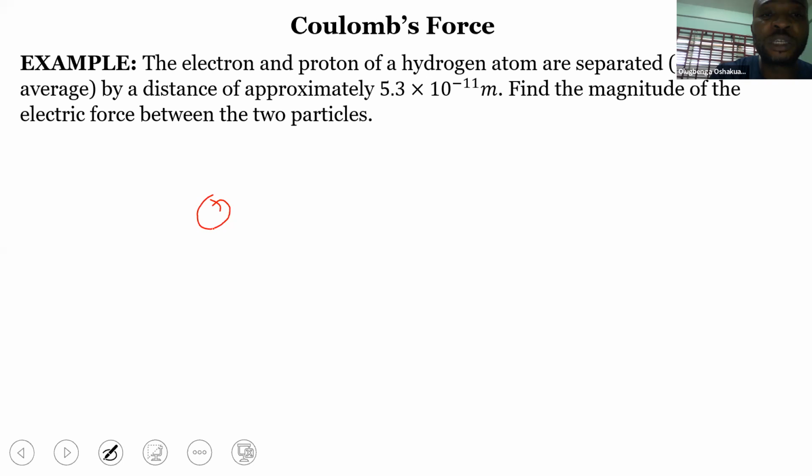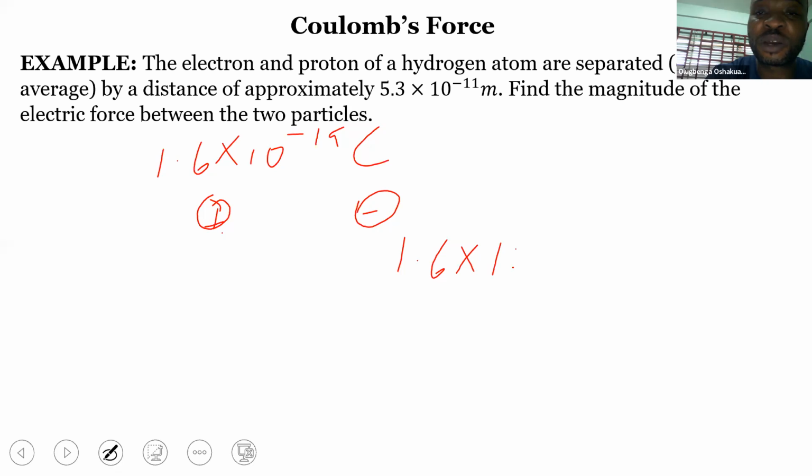this point to be the proton, and this point to be the electron. The charge of a proton is 1.6 times 10⁻¹⁹ coulomb, while the magnitude of the charge of the electron is also 1.6 times 10⁻¹⁹ coulomb.